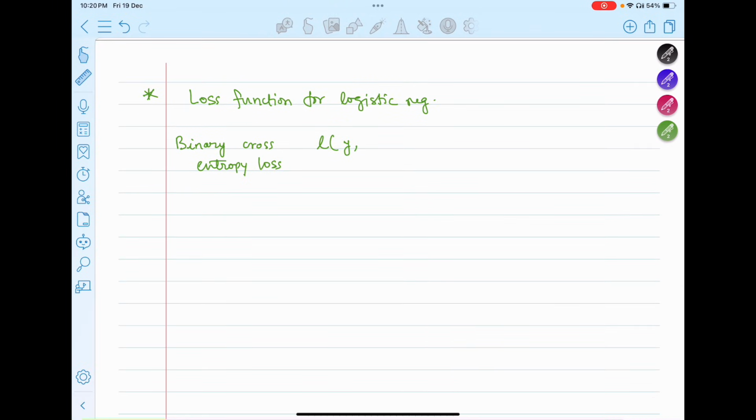The cross entropy is a function of y as well as p hat, and it goes like this: L = -y log p hat - (1 - y) log(1 - p hat). You can easily check that this will be high when y is 1 and p is very low, or y is 0 and p is very high. In both cases the loss L will be very high, which is exactly what we want.